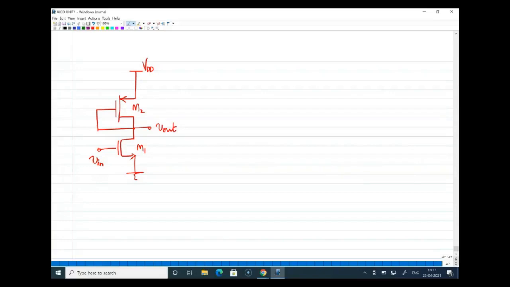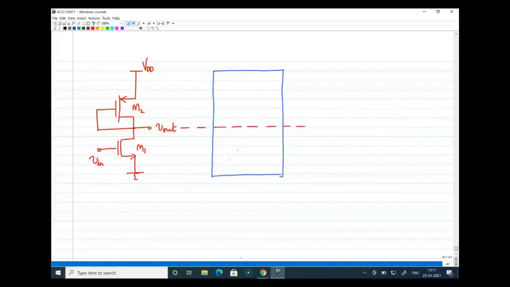Right, now what I'm drawing here is, this is the output voltage, this is the total space for the transistors to be in saturation, and also for the output voltage to swing. So this is considered as the DC level.